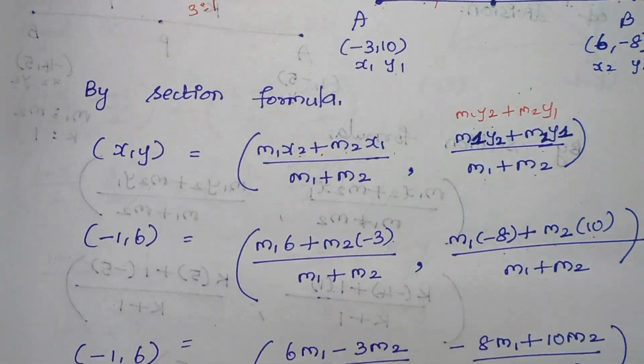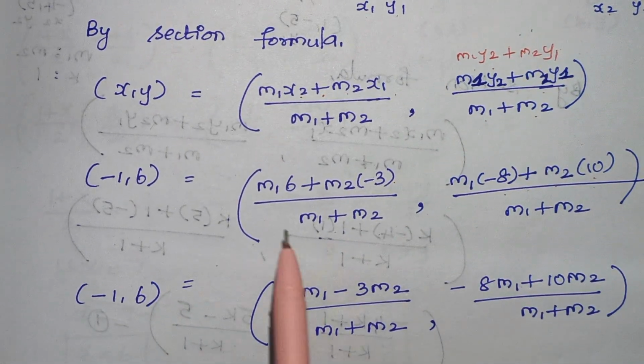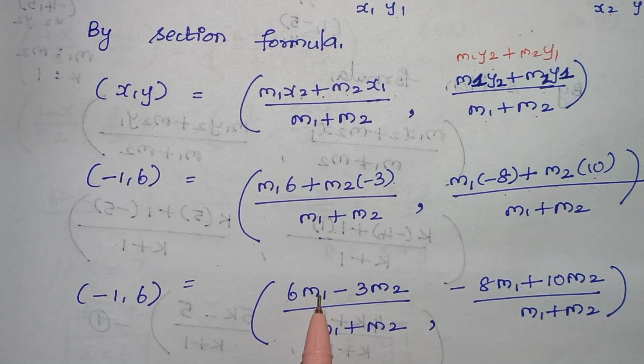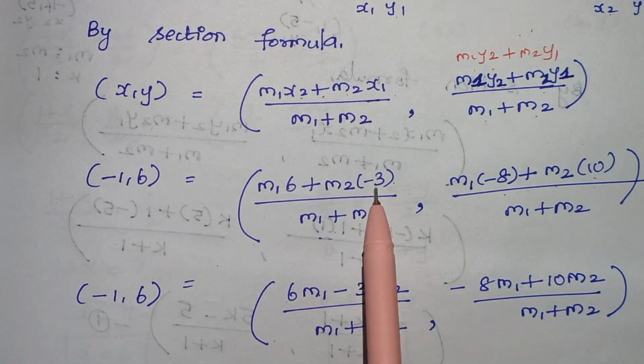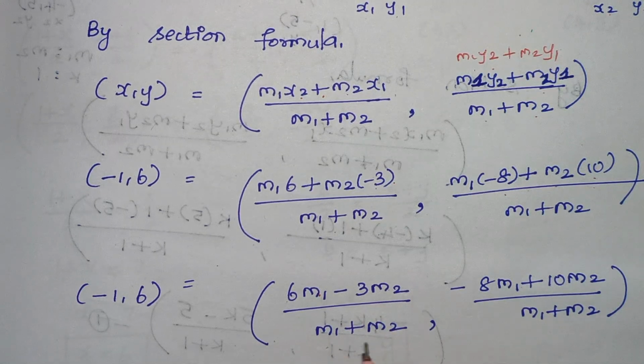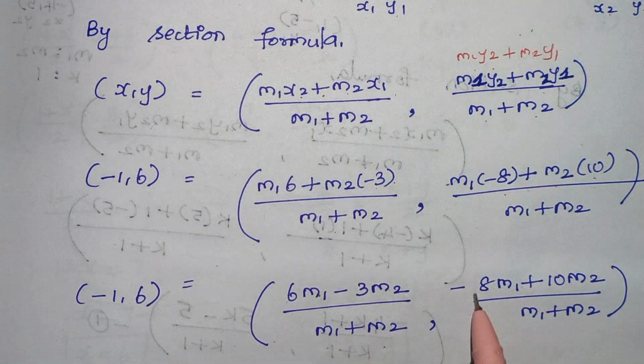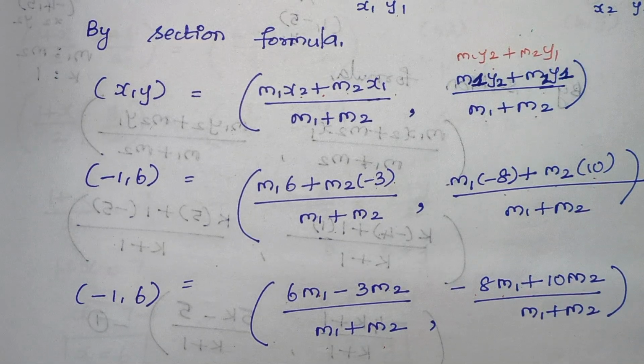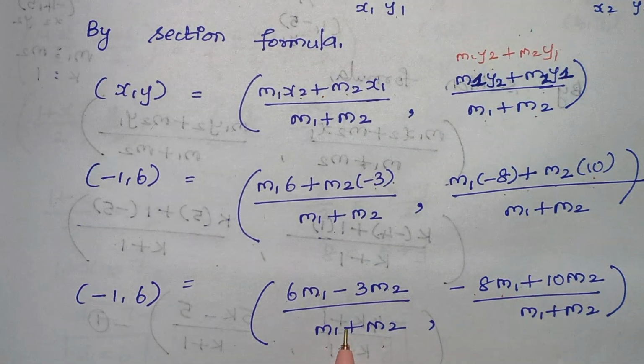Now I am simplifying the terms. That is m1 into 6, I am writing it as 6m1, so it will be very easy for us. And here minus 3m2 divided by m1 plus m2, and here it is minus 8m1 plus 10m2 divided by m1 plus m2. Now you see this point, right?